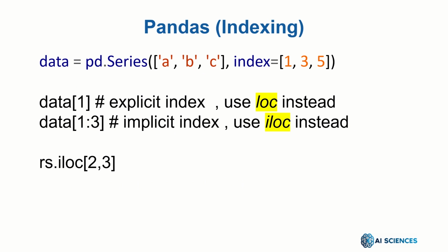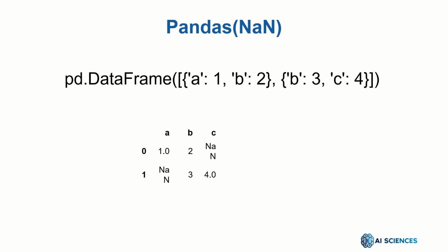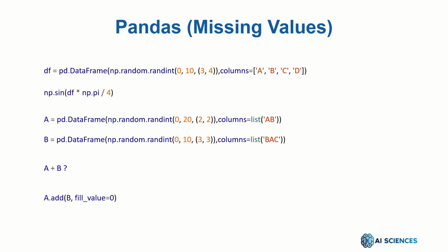We also discussed some possible sources of confusion when using implicit or explicit indices in pandas, and we encouraged using the loc or iloc functions explicitly to mention whether someone is interested in the implicit index or the explicit index. We then talked about how to handle and fill missing values, and also about the operations that can be performed on all the data values in a data frame.